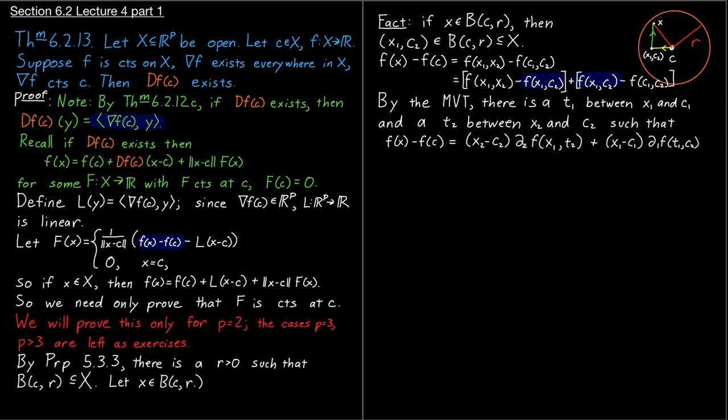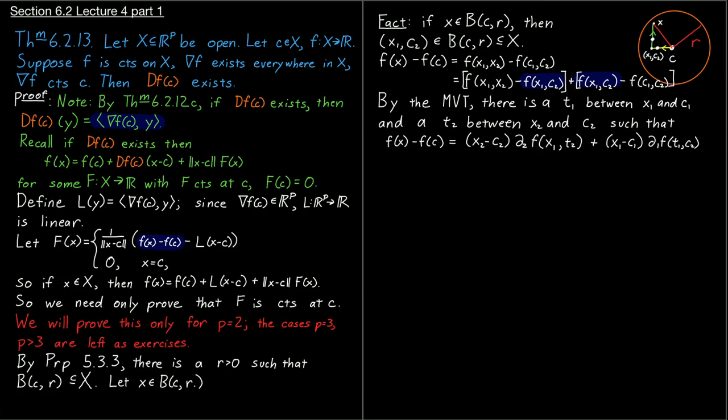So there's some point in here and some point in here where the mean value theorem works for us, where the mean value theorem applies on the little yellow interval and the little green interval.